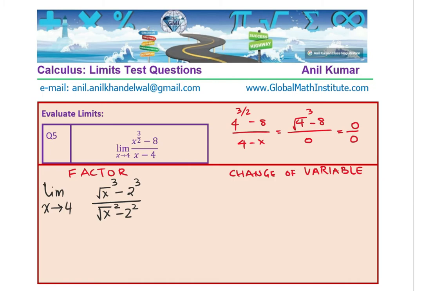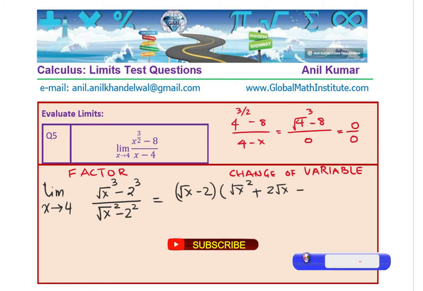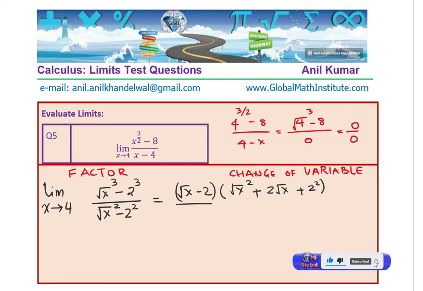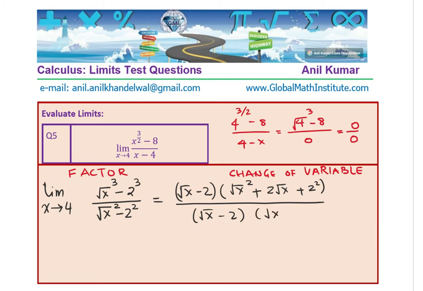Perfect. So this could be written as square root of x minus 2 times square root of x squared plus 2 times square root of x plus 2 squared, which is 4, divided by square root of x minus 2 times square root of x plus 2.